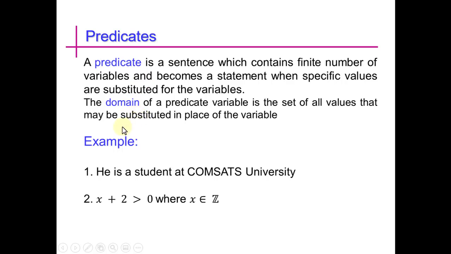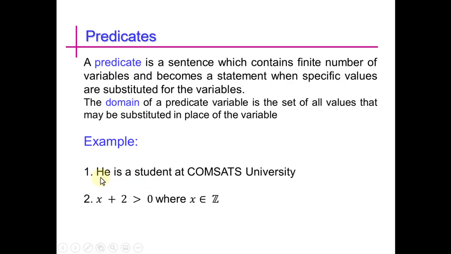For example, we consider a first example in which we have: he is a student at ComSec University. So here he is not defined. He is a pronoun and is used as a variable.